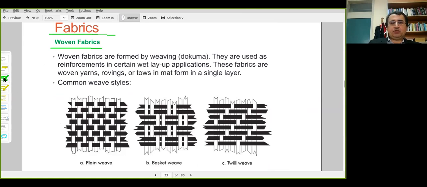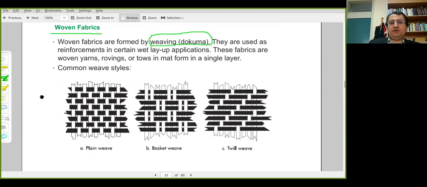These are produced through weaving. And different weave styles are available and can be applied to produce multi-directional reinforcement. Certain weaving styles are shown here. This is named as plain weave, basket weave, twill weave.